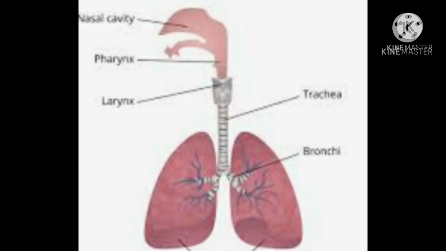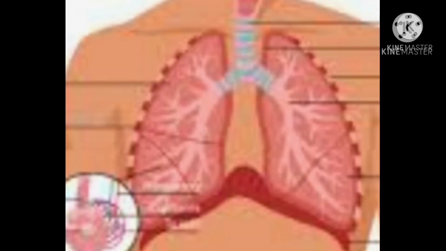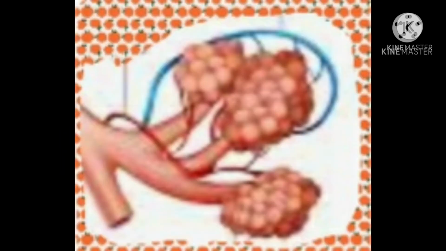Each bronchus divides in the lungs to form a large number of smaller tubes called bronchioles. The bronchioles have tiny air sacs at their ends. The pouch-like air sacs at the end of the smallest bronchioles are called alveoli.